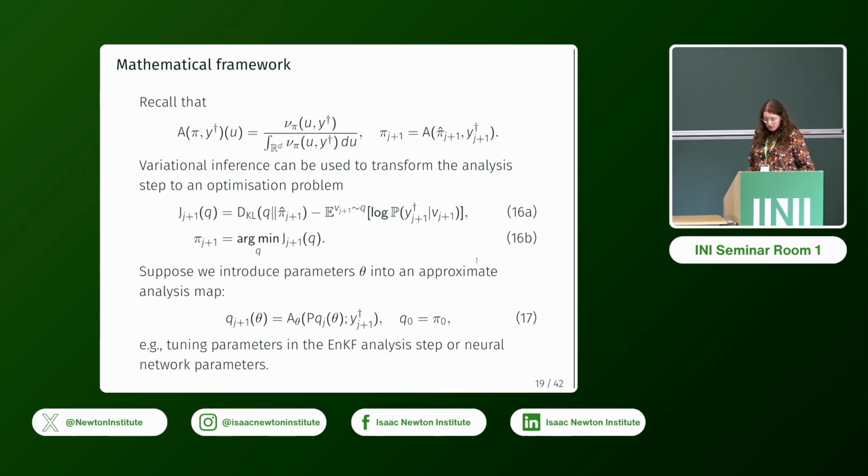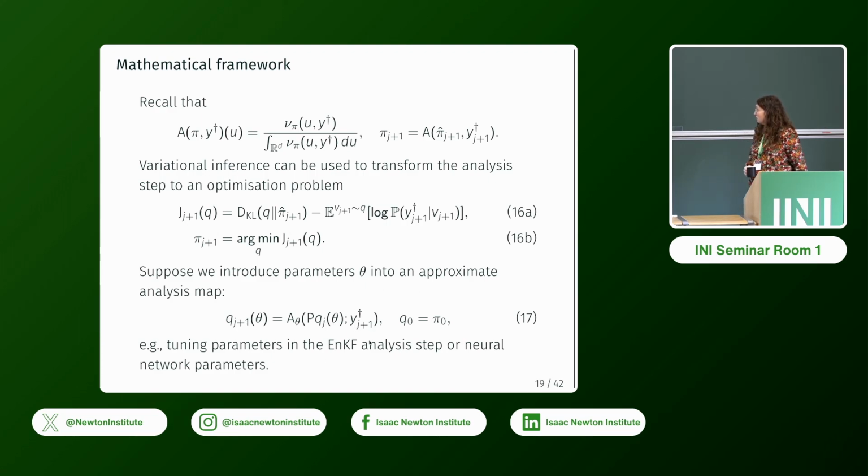The idea here is that we want to introduce a parameterized analysis map. We want to approximate this thing, so we'll have this A theta, which is some parameterized analysis map. And then we'll apply this forecast assimilation structure of the filtering problem to this. So this tells us that our estimated filtering distribution at time j plus 1 consists of this application of the parameterized analysis map to the forecast distribution from the last time.